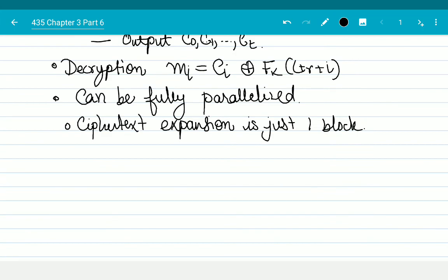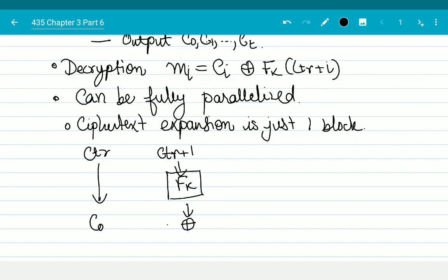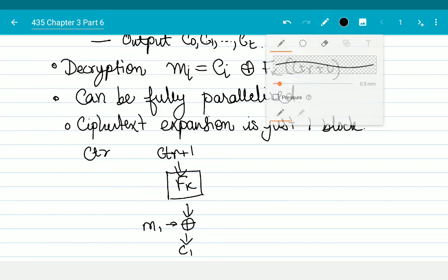So in terms of an image, you have CTR, which you're setting as C0. CTR plus 1, hit it with FK, XOR it with your message M1 to get C1. So let me just make all of these the same length.